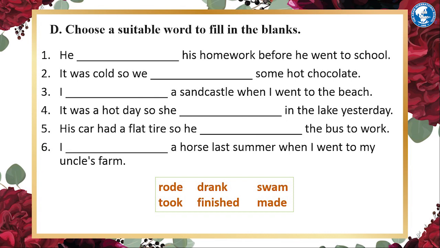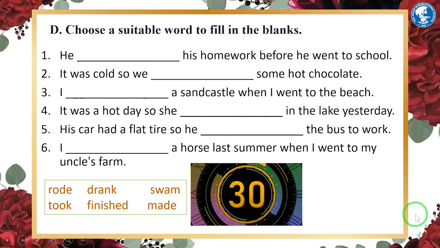Time's up. Let's check the answer together. Number 1. He finished his homework before he went to school. Number 2. It was cold, so we drank some hot chocolate. Number 3. I made a sand castle when I went to the beach.